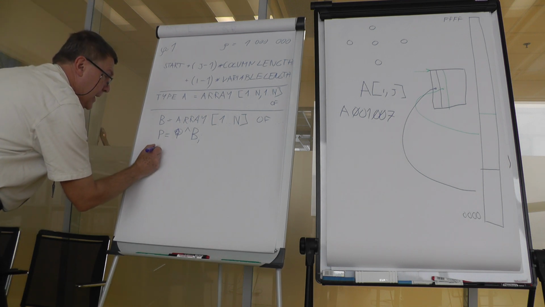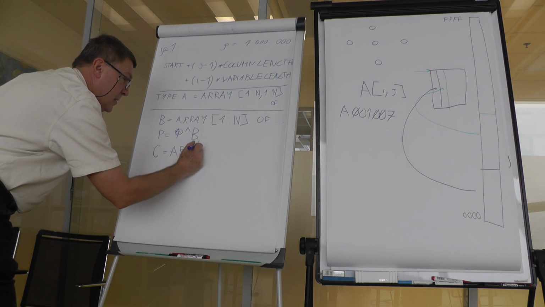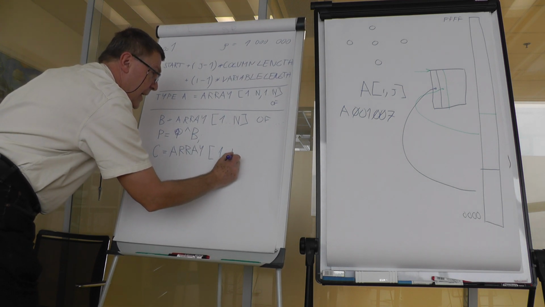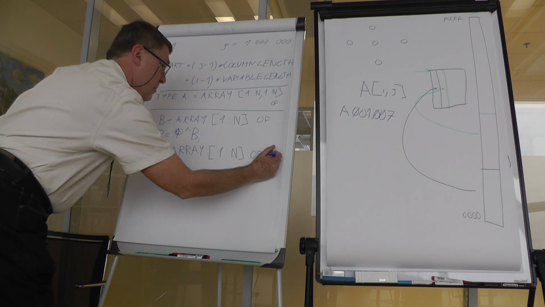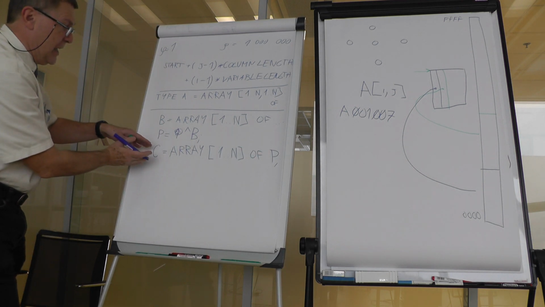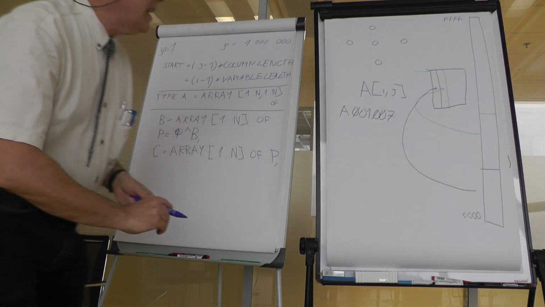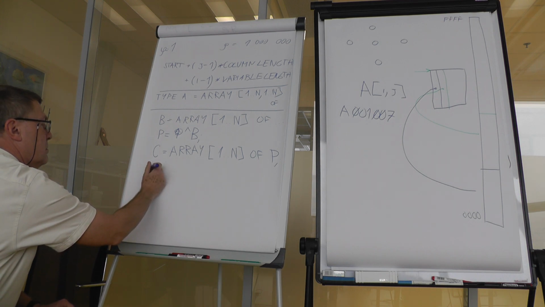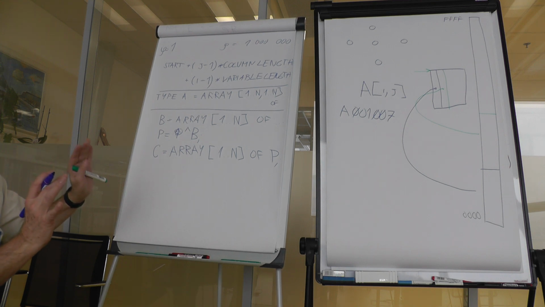Then I can define a type C, which is an array 1 to n of P. So now I have an array of pointers, and instead of writing a[i][j], I would now have to write, I will now mix, I will use C, which is now a type identifier, as a variable identifier, but let's make it simpler.